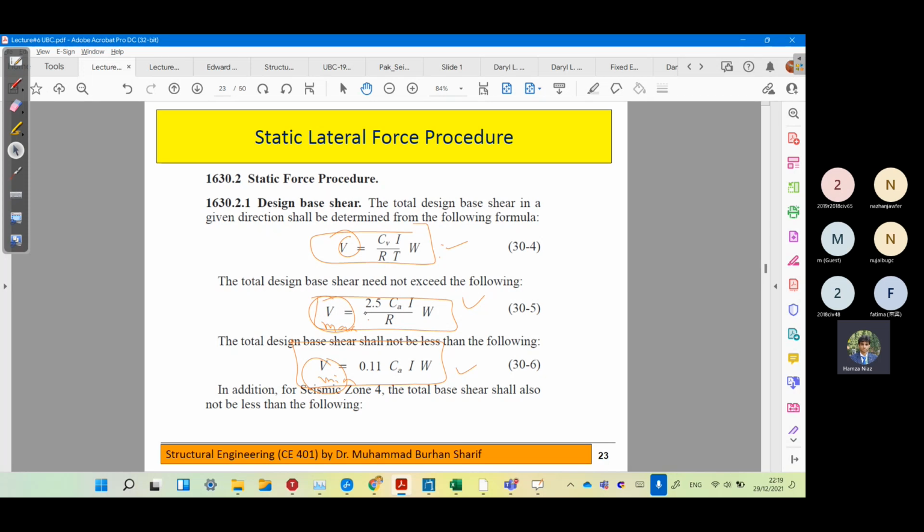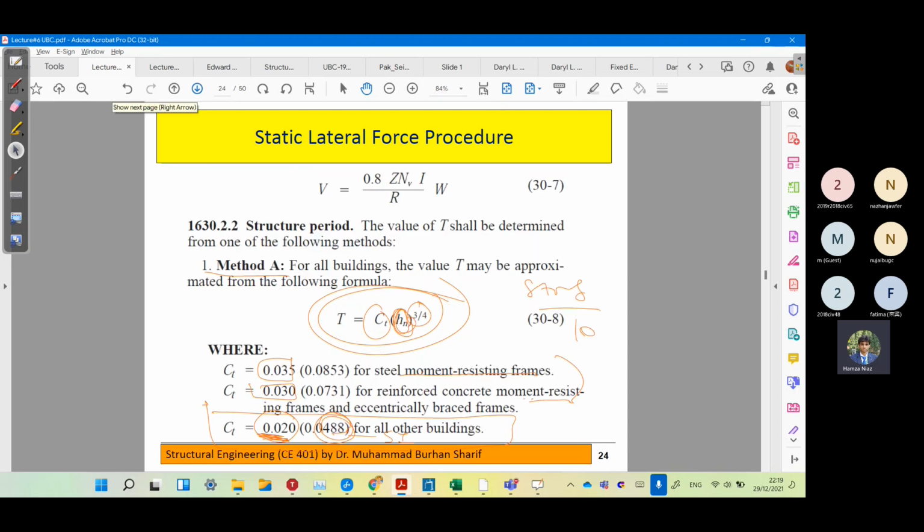Otherwise, if V is greater than V max, we have to use V max, and if V is lesser than V minimum, we have to use V minimum. I mean that our range of V would be between V maximum and V minimum. V cannot be greater than V maximum, or lesser than V minimum. Fine. Then these three formulas we have to use.